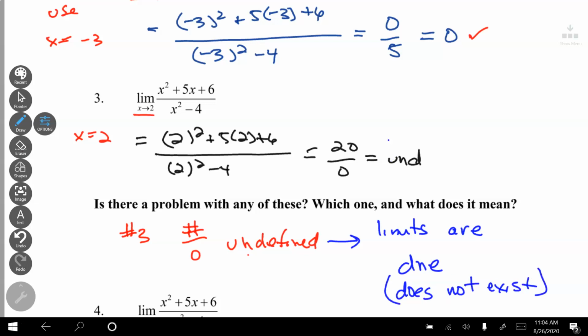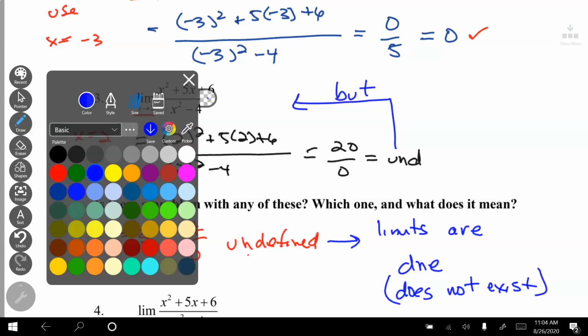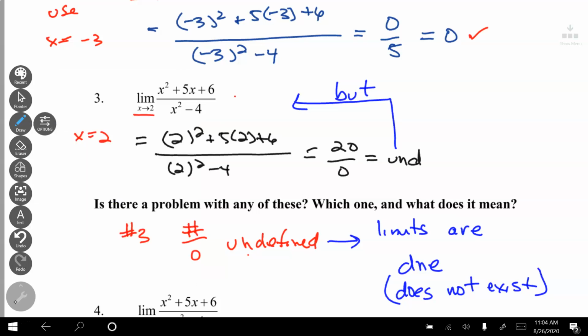So I know that this one says undefined, but I don't put undefined for limits. That is not proper notation. You've got to put down DNE. Values are undefined. Limits do not exist.